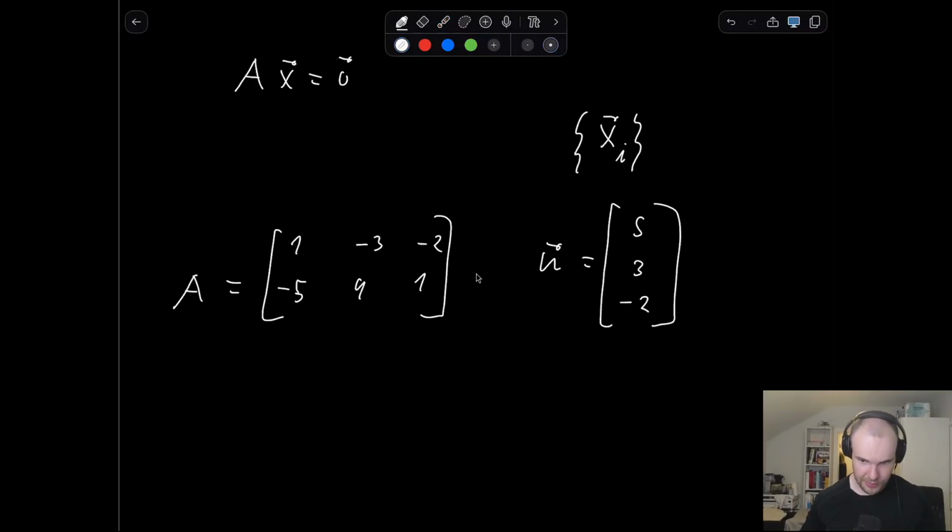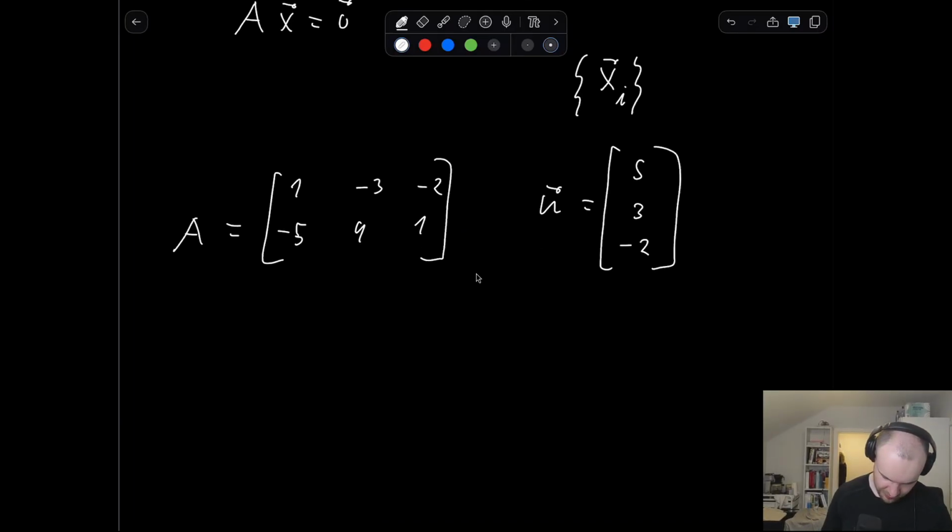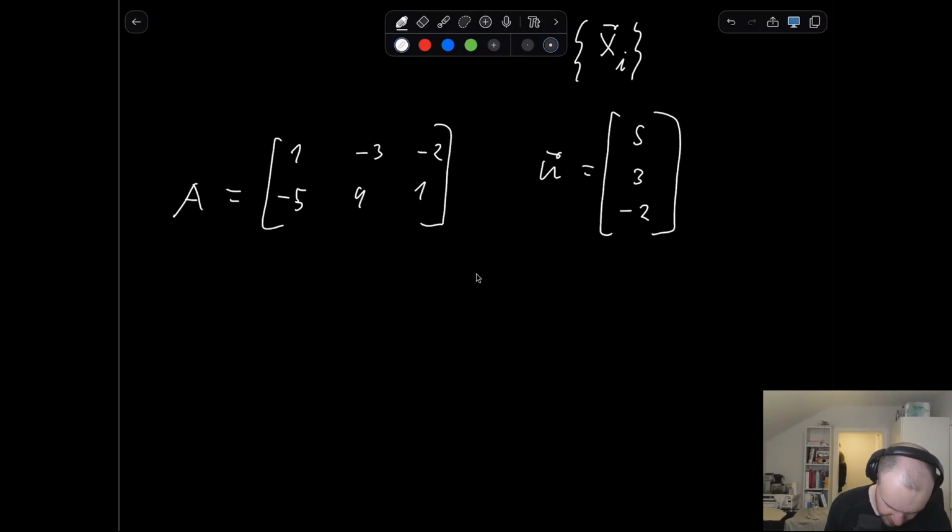And to check if it's in the null space, let's just run that vector through. So AU is equal to, we get 5, 5, and then of course I get minus 9, and then minus 2, plus 4, then I get 5 and 5, minus 25.